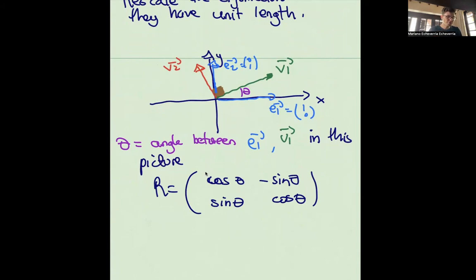What do you think happens if I rotate according to this picture? If I rotate the vector E1 by theta degrees counterclockwise, what vector should you get according to this picture? What do you think, if you rotate it by an angle of theta?